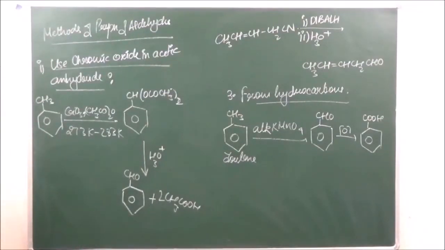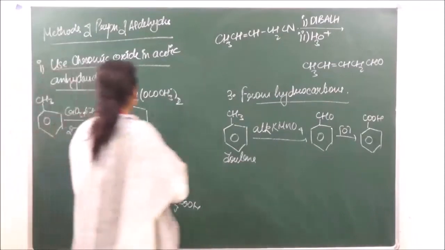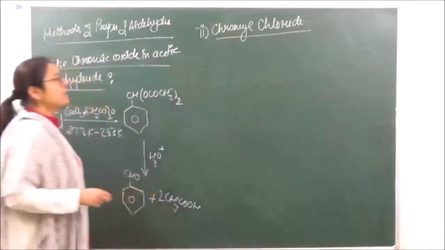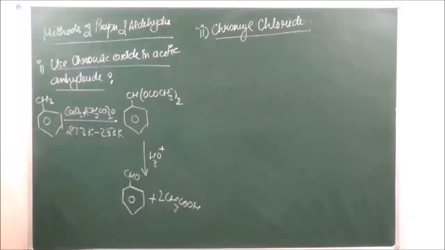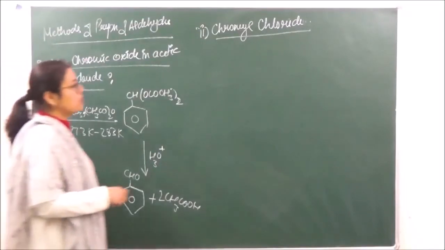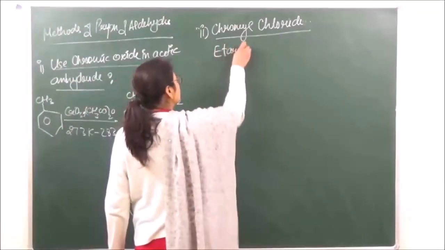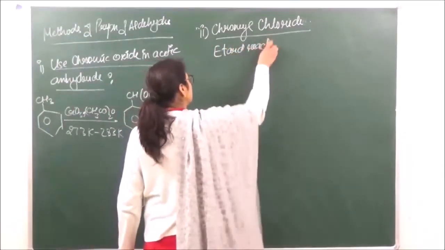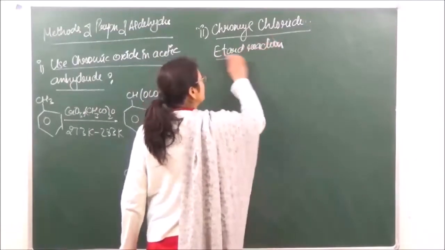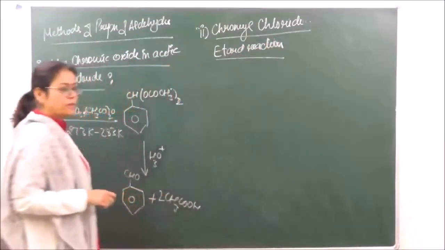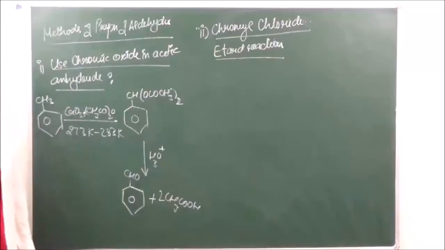Another method is the use of chromyl chloride. The second method which we have is chromyl chloride. Now this reaction is again a name reaction, a very important reaction. It is known as the Etard reaction. This is again a very important reaction from your examination point of view.